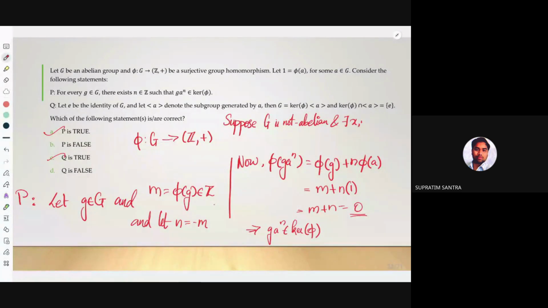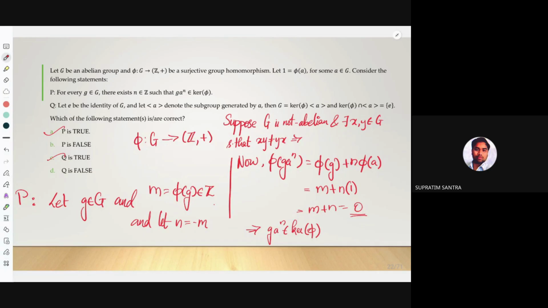So this implies there exist x, y in G such that xy is not equal to yx. So this implies phi of... no, I didn't think of it. Sorry. I can't say phi of xy is not equal to phi of yx because we are not given it's injective, we are given it's surjective.